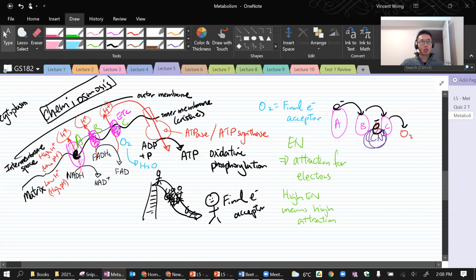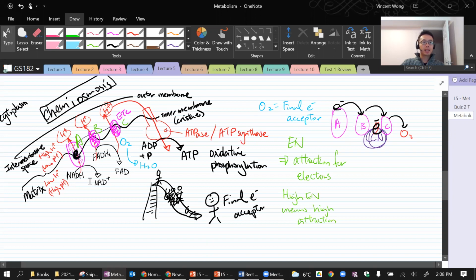The ETC is clogged up, just like we explained. In the presence of cyanide, it's going to be clogged up. None of the electrons are going to go anywhere, they're just going to be stuck on the ETC. If the electrons are not moving, can we still pump the H plus? No. If nothing's moving, we cannot pump the H plus.